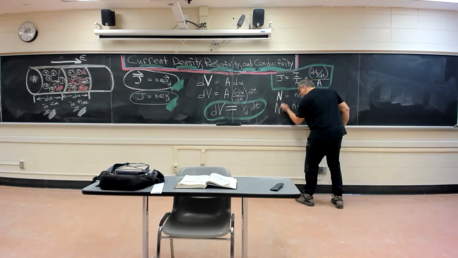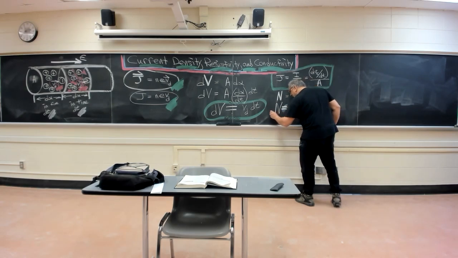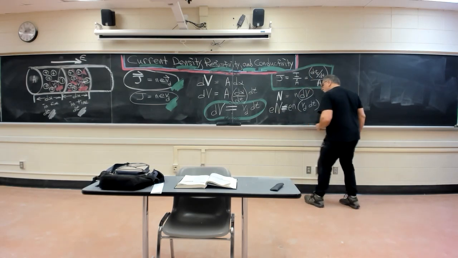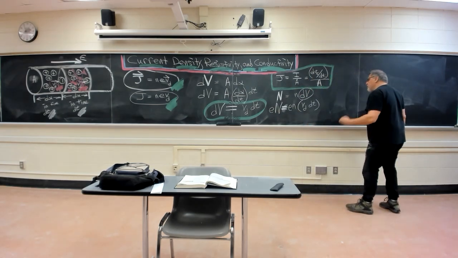Let me just see how this is going to work out. Every time I erase these, it's almost not as visible, so hopefully this looks okay for you guys. Each one of these capital N particles has a charge E, so put an E there. That's the total amount of charge.